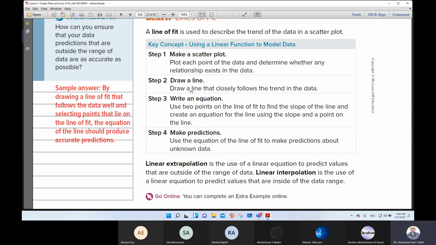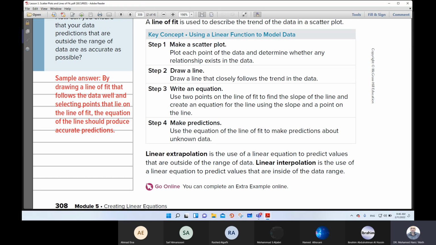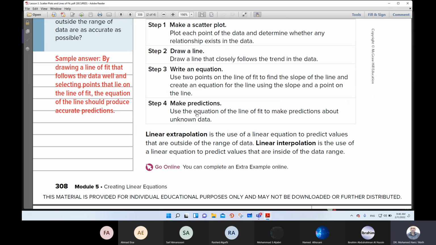Then draw a line that closely follows the trend in the data. Then write an equation. Use 2 points on the line of fit to find the slope of the line and create an equation for the line using the slope and a point on the line. The last step is to make predictions. Use the equation of the line of fit to make predictions about unknown data.